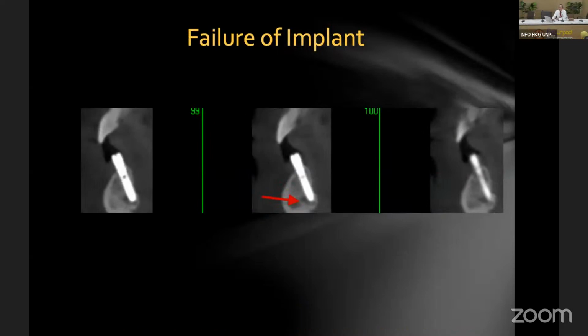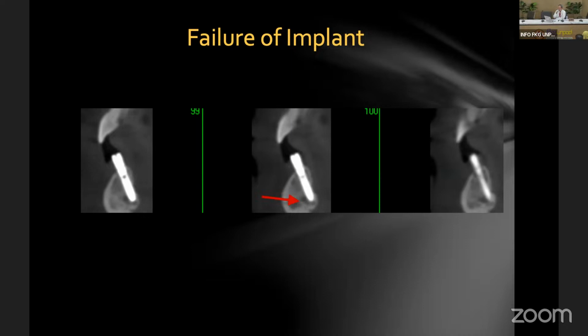Sometimes if we place an implant in the anterior mandible, we also need to be careful because the lingual foramen is here. The lingual foramen is the terminal branch of the mandibular canal. The mandibular nerve comes in from the mandibular foramen, then goes to the mental foramen, where the main branches come out.